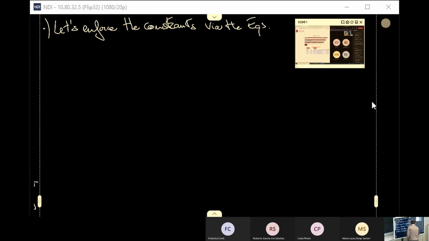All right, so let's start with the ground constraint. How would you impose the first constraint, the ground constraint, given the coordinates that we have defined?